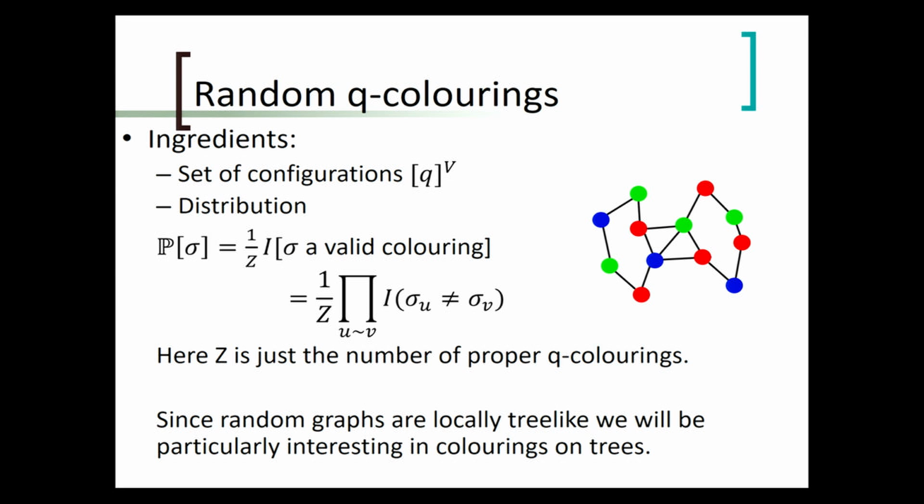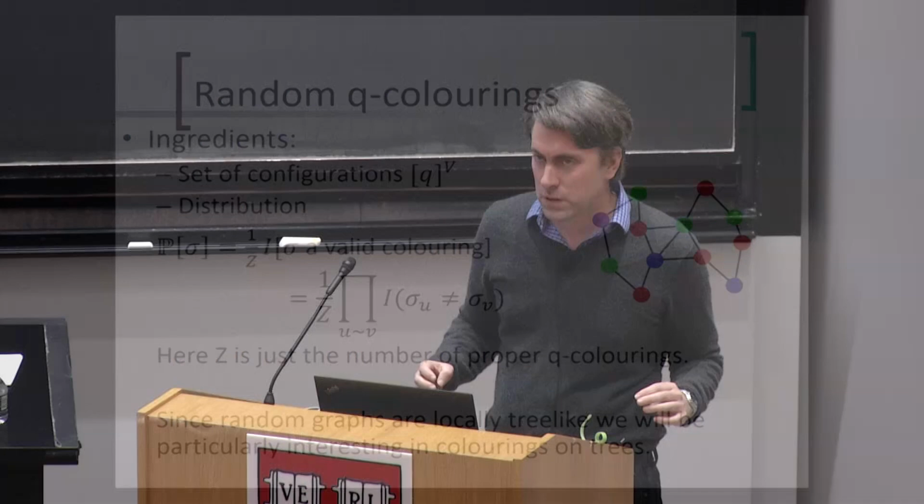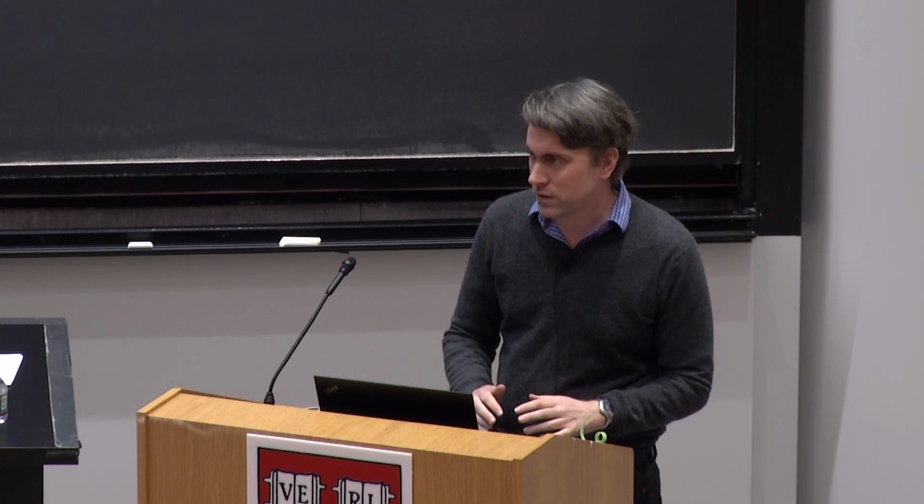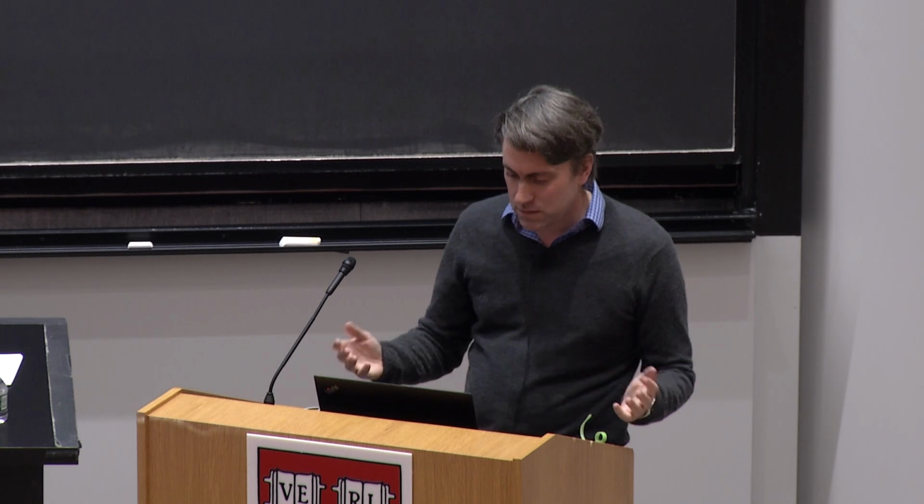Actually, I wanted to say, we're going to be particularly interested in thinking about these sorts of models on trees. The random graphs we'll look at are not trees. They'll have lots of cycles, but almost all of the cycles will be very big cycles, of length at least log n.